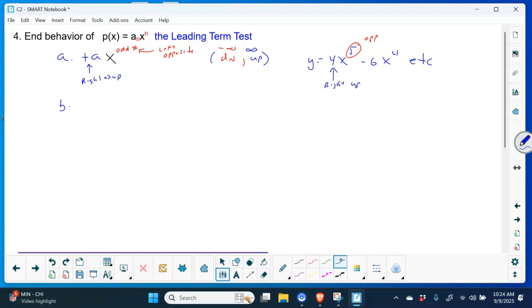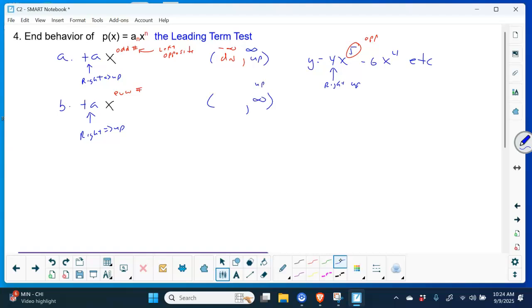Okay, what's another possibility? Positive a and an even exponent. Positive a, even exponent. Well, again, you got to start with the lead coefficient, but it's going to tell you the right side. So the right is going to be up. So again, I'm going to come over here, and on the right one, I'm going to put the up, right?